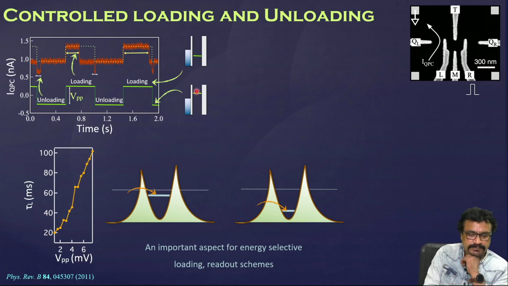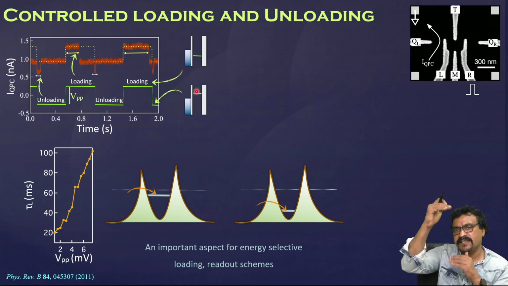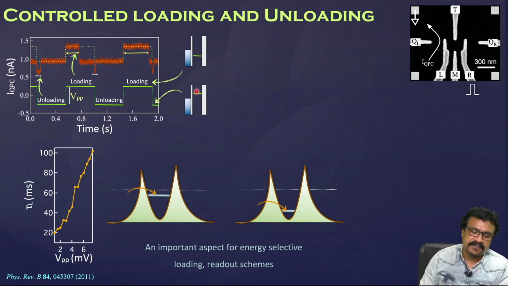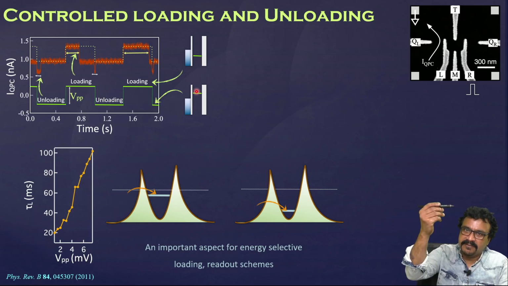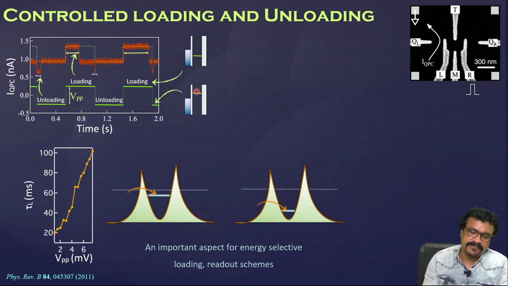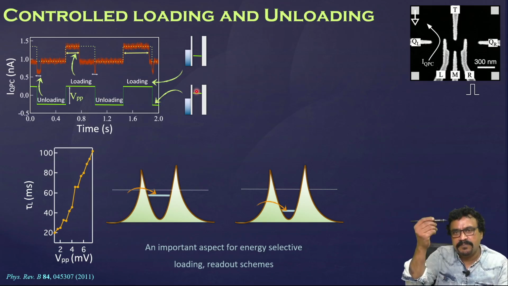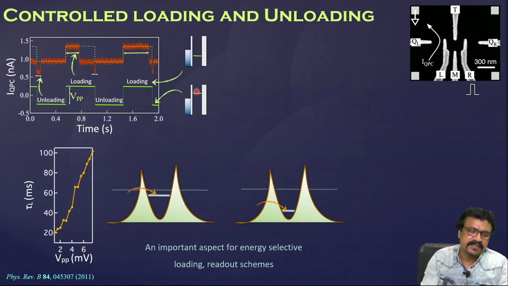Now, when you apply a pulse, there is a high state and there is a low state. Low state means the pulse is negative with respect to 0, but then during the low state, the dot level will be high because its charge is negative.